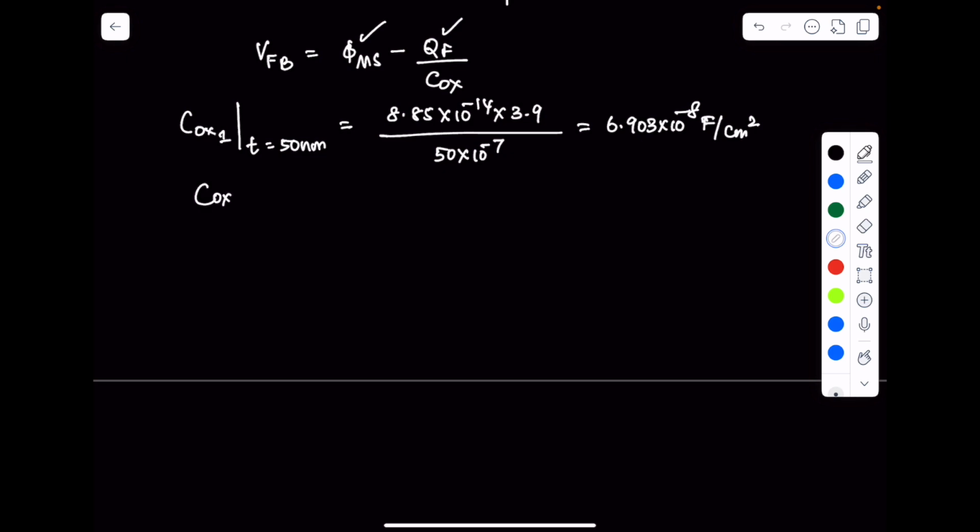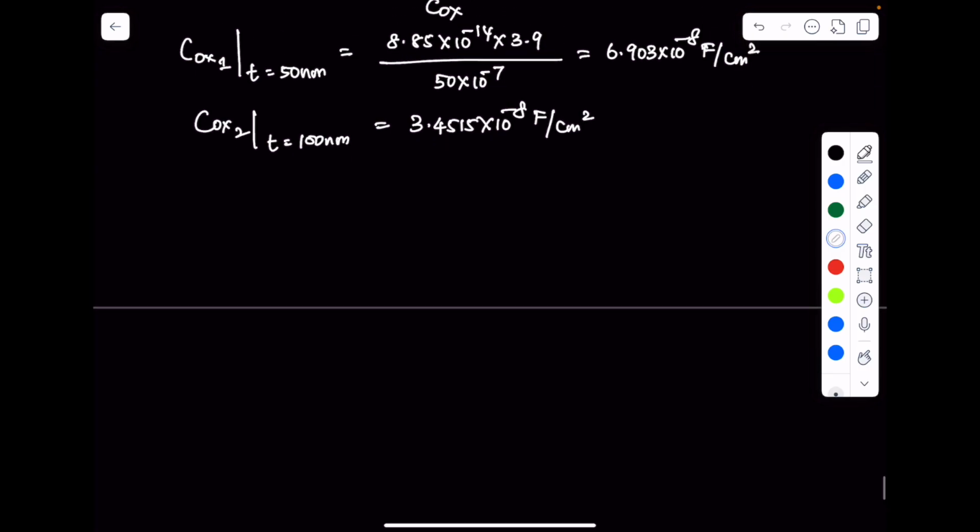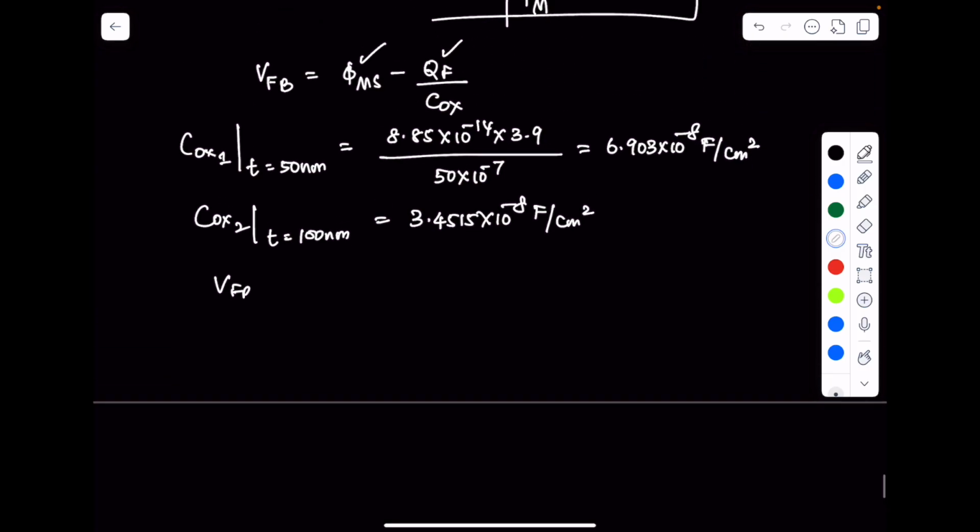And if I double my T to 100 nanometers, then essentially my capacitance halves, and so this is 3.4515 into 10 power minus 8 farads per centimeter squared. Right? So I have two conditions here. VFB1 is equal to phi ms minus QF by Cox1, and VFB2 is equal to phi ms minus QF by Cox2.